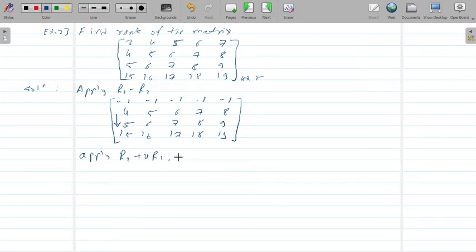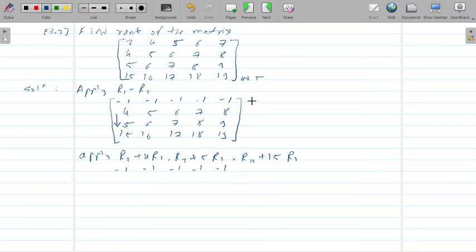For the next entry we can apply R3 plus 5 times R1, and for this entry R4 plus 15 times R1. Your matrix will reduce to the first row as it is, minus 1, minus 1, minus 1, minus 1, minus 1.